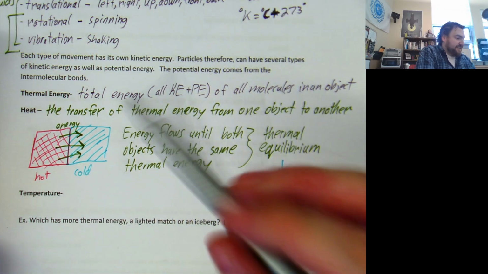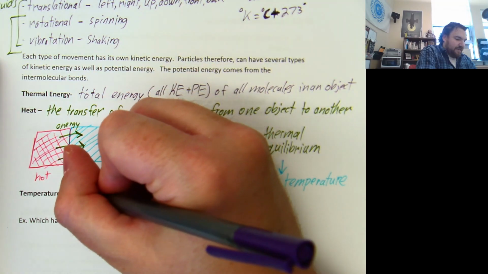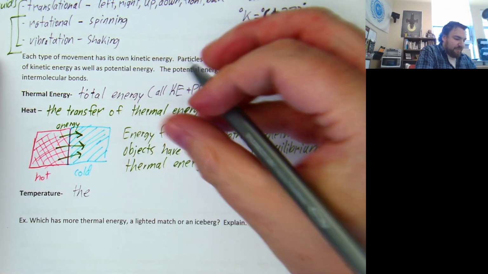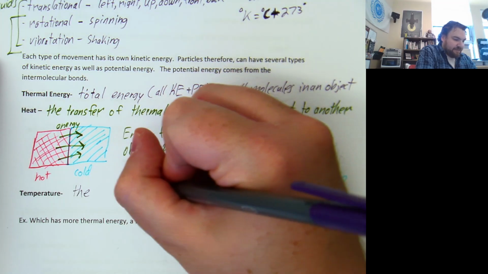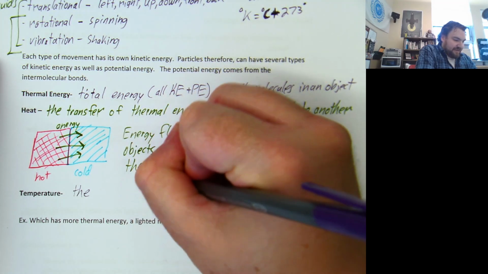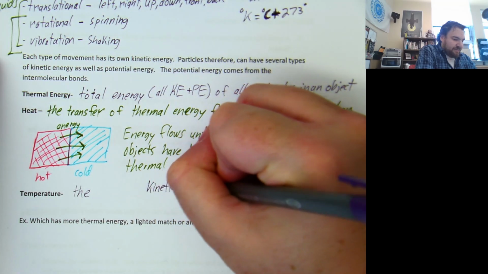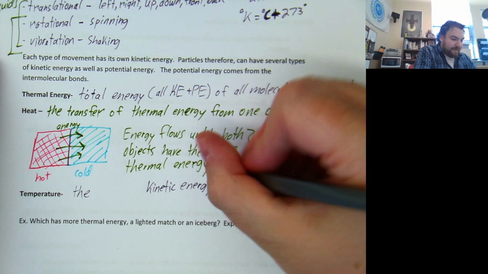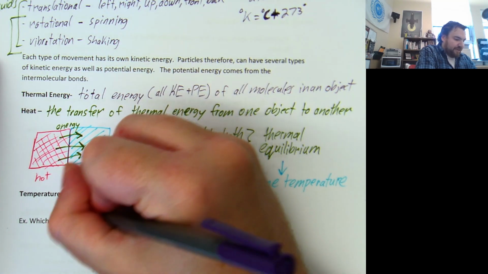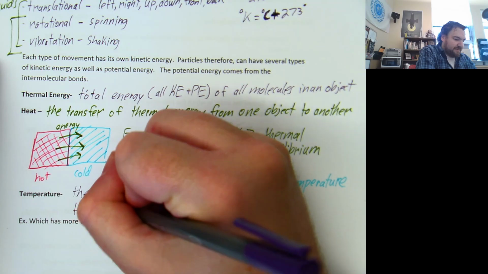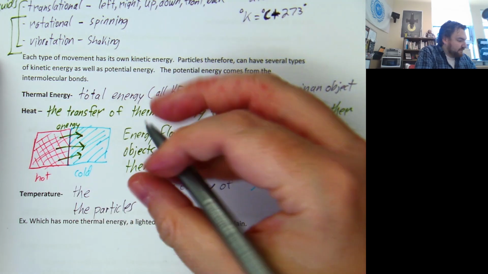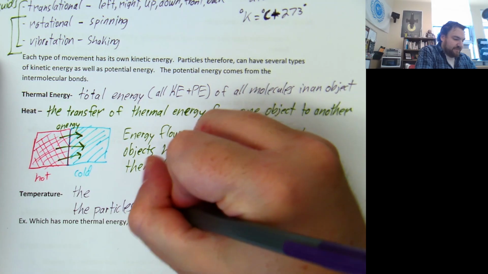What temperature does is it takes the blank, leave some space there, kinetic energy of the particles in an object.